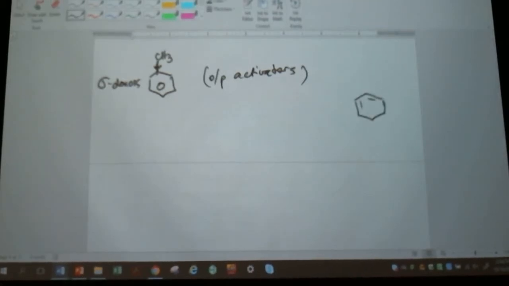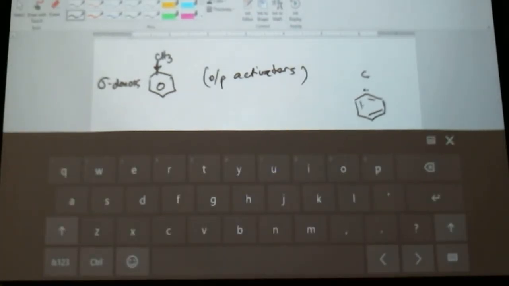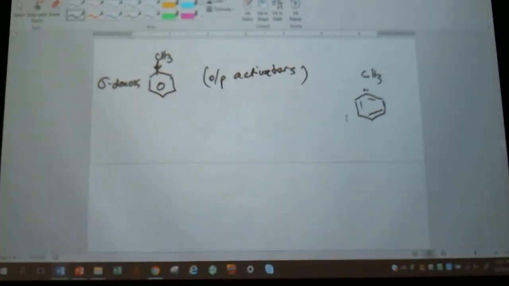Between two carbons, you would expect these two electrons to be shared equally, right? But if this is an electron donor, these two electrons are being shared unequally. So they're closer to the benzene ring than they are to the methyl, making the benzene ring inherently more electron rich. Because electron density, right? Electron density.